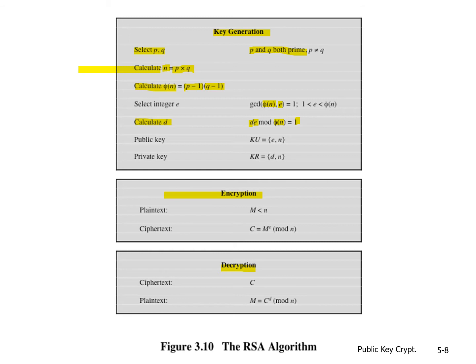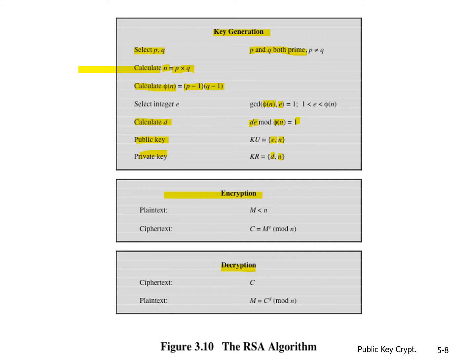Then the public key consists of two integer numbers, E and N. Private key, two integer numbers, D and N. It's a very big number.